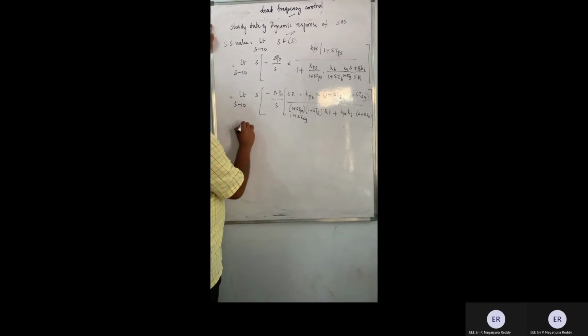See, if you see limit s tends to 0, what I'm going to get? S gets cancelled.